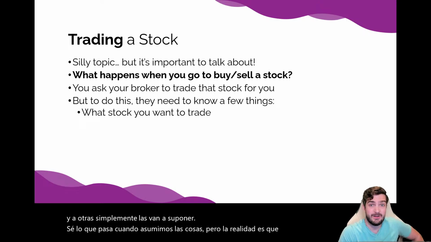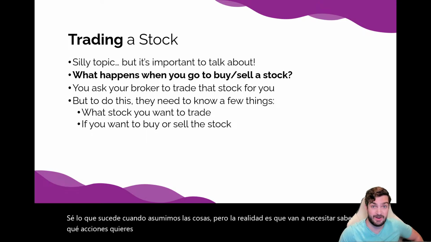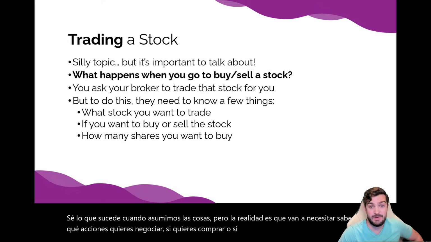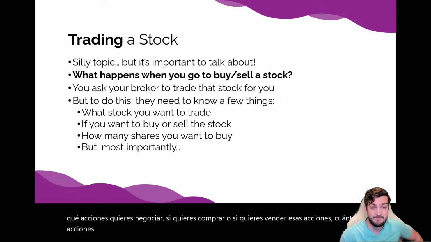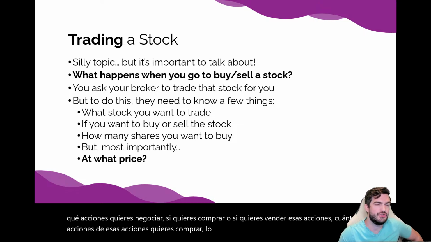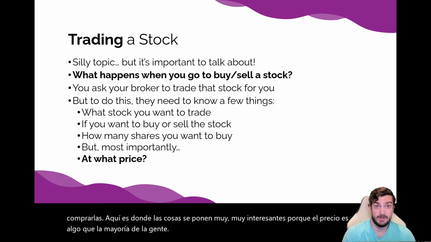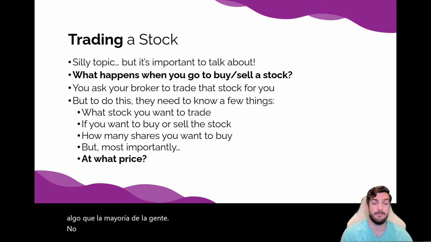So they're going to need to know what stock you want to trade, if you want to buy or if you want to sell that stock, how many shares of that stock you want to buy, but most importantly, at what price do you want to buy them? This is where things get really, really interesting because the at what price is something that most people don't put. They don't choose what price they want to buy or sell stock at. But we'll come back to that in a moment.